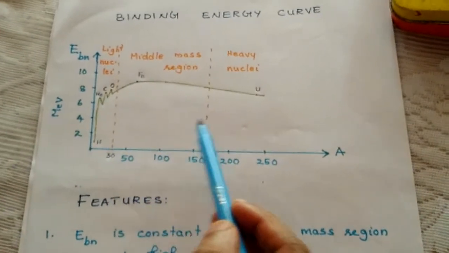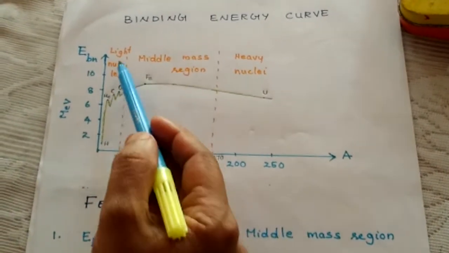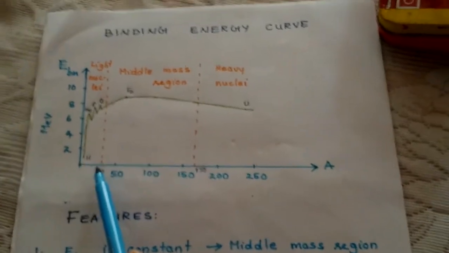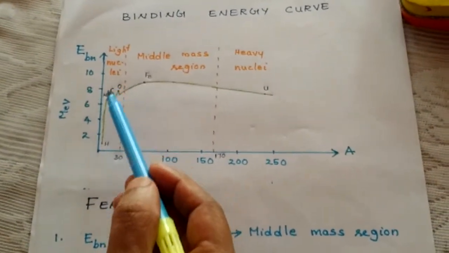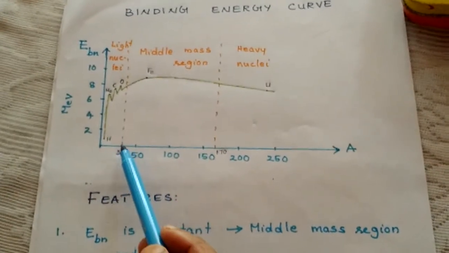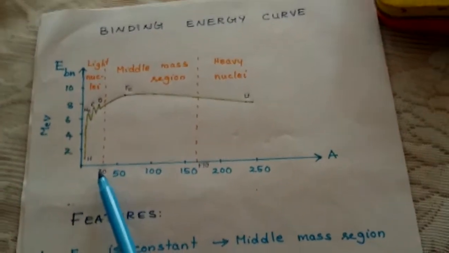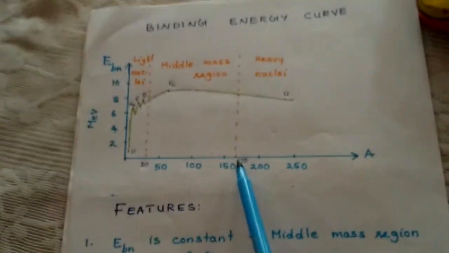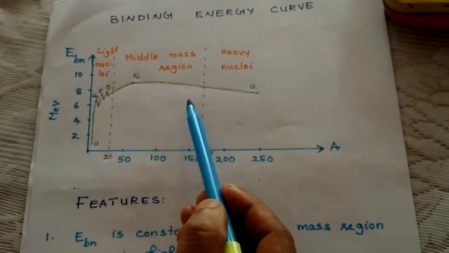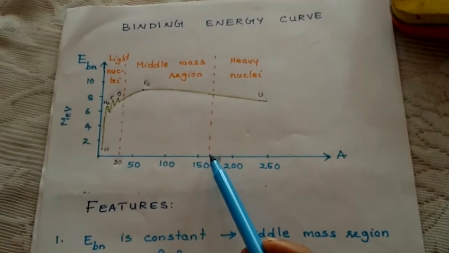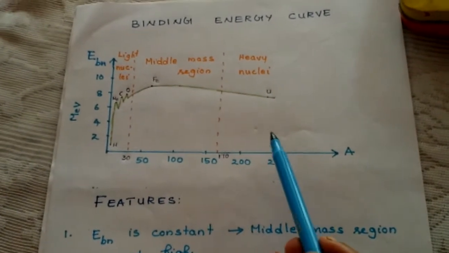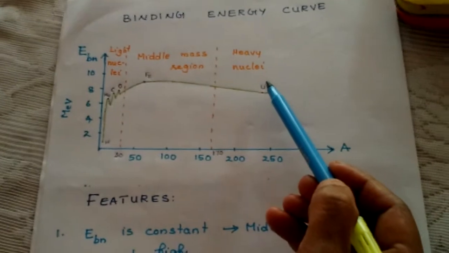The first region, that is a mass number less than 30, is the region of light nuclei. The middle region, mass number in between 30 and 170, is the middle mass region. And the region with a mass number greater than 170 is the region of heavy nuclei.